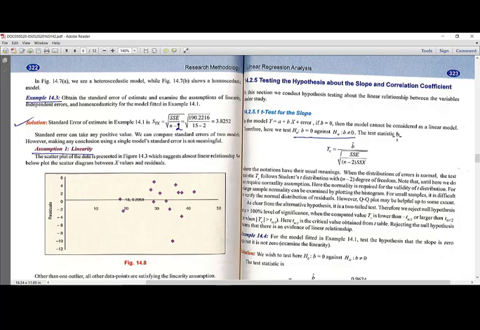The test statistic is Tc equals the estimate of b, b cap, divided by the square root of SSE by n minus 2 multiplied by SSX.